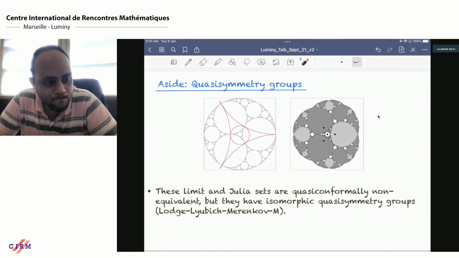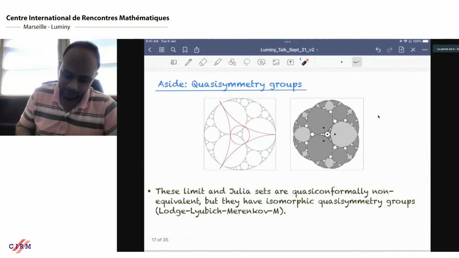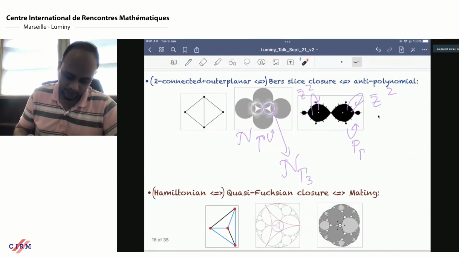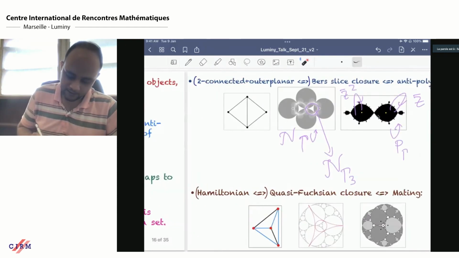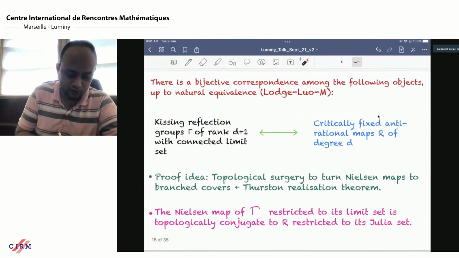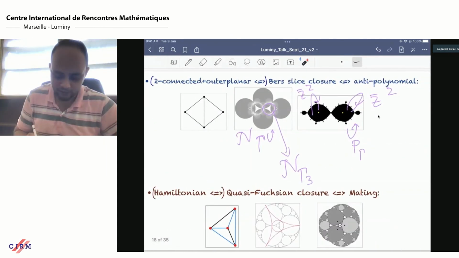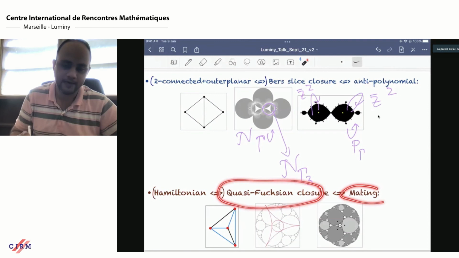The picture on the right is a mating, so it's useful to know that it was a mating in a manner similar to what you have for the Kleinian group example. Yeah, that's right. This is the statement I tried to highlight here. This dictionary between kissing reflection groups and critically fixed anti-rational maps gives a perfect parallel between matings in this world and matings in that world.